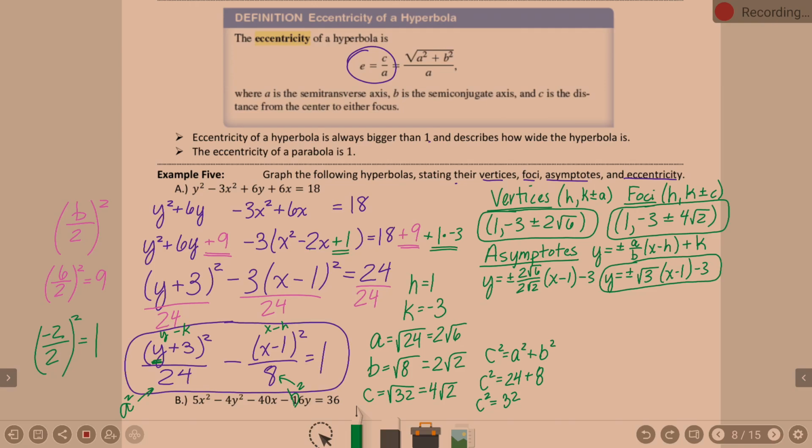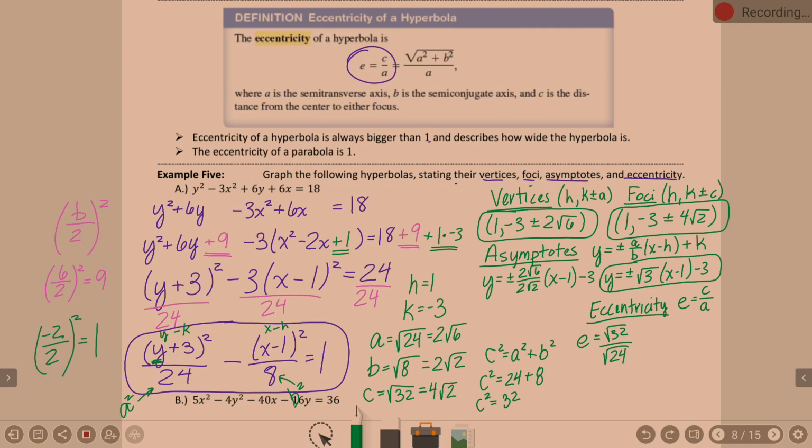And one last thing we need to find, which is eccentricity. Formula is E equals C over A. What do we have? So when I look at C over A, I don't really want to have to worry about square root of 2 over square root of 6. So I'm going to go back and say, in this case, square root of 32 over square root of 24. That'll make the simplifying a little bit better.